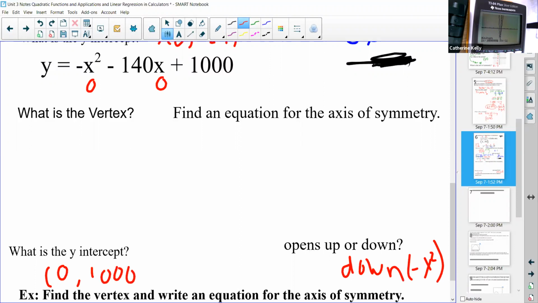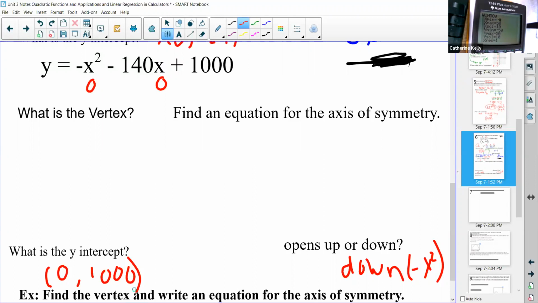So now when you go to check, your window is going to go to at least 1000, right? And it's going to open down, so I'm going to do to 2000. Let's find out what the vertex is first.